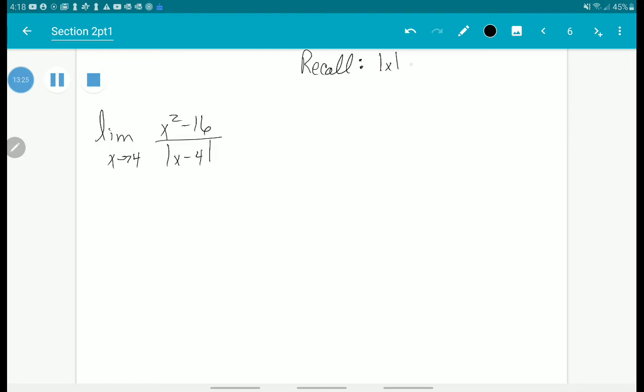The absolute value of x is equal to positive x as long as x is greater than or equal to 0, and negative x as long as x is less than 0. So right-hand side of the graph follows y equals x, left-hand side follows negative x.